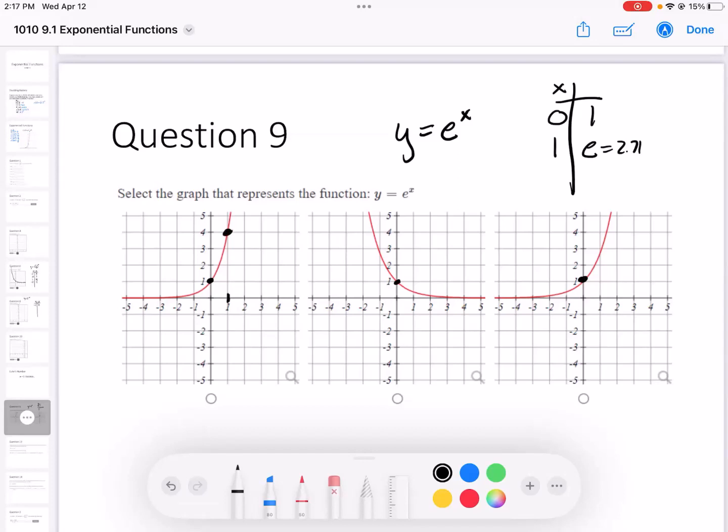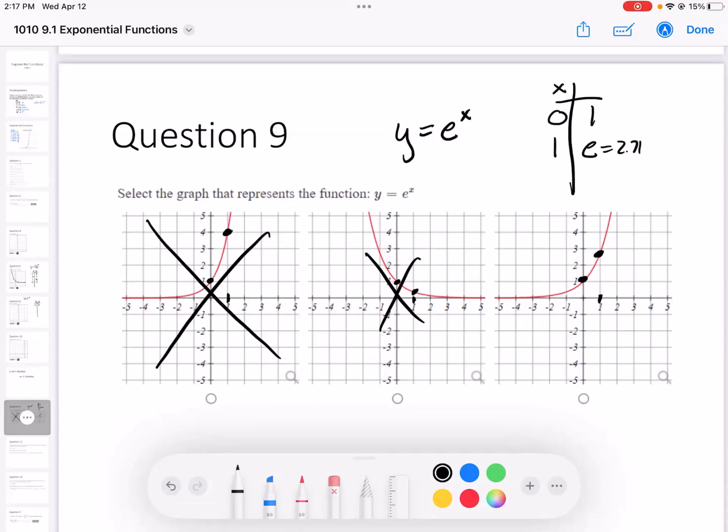On the first graph, when x equals 1, my output is a 4, so it's definitely not that one. On this one, where x equals 1, the output is a decimal between 0 and 1, so it's not that either. But on this one, at x equals 1, you can see that the graph goes through about 2.7. And so that would be our graph for this equation. Any questions on that?